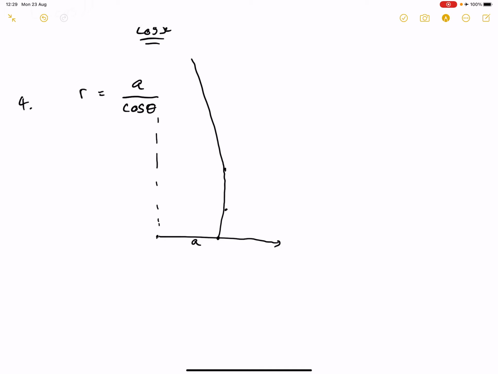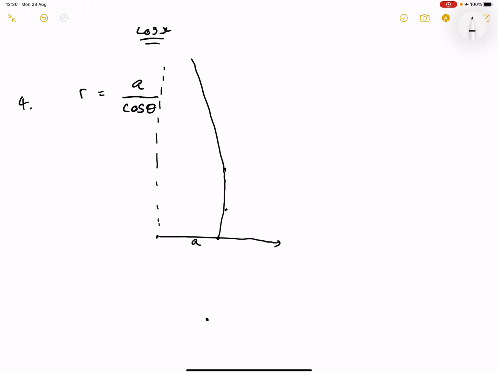Something like that, tending off to infinity. So that's an asymptote. Then if we keep going through our answers, 3 pi by 6 was an error. Hold on, just let me check something. No. Yeah, 3 pi by 6 was an error. 4 pi by 6, we have minus 2, so that will be over here, somewhere over here, because the angle we're looking at is out here, therefore minus will be in the opposite direction.